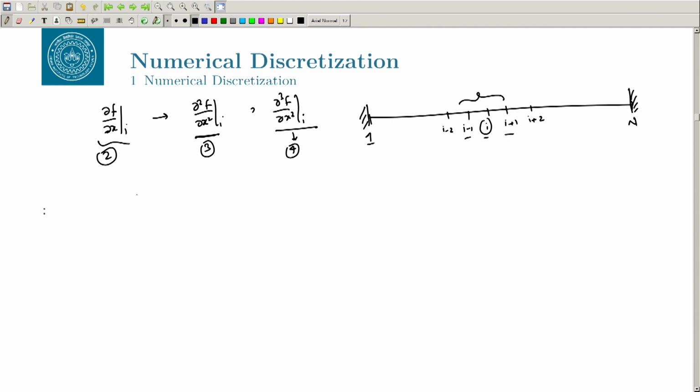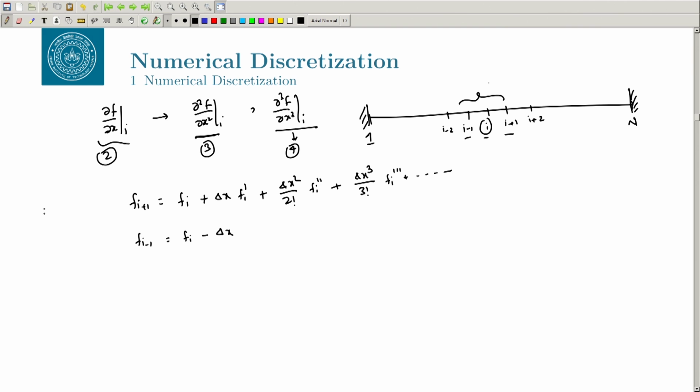So, f i plus 1 will be f i plus delta x f i prime plus delta x square by factorial 2 f i double prime plus delta x cube by factorial 3 f i triple prime and so on. f i minus 1 will be f i, and then minus delta x f i prime. Why are we doing this around i?